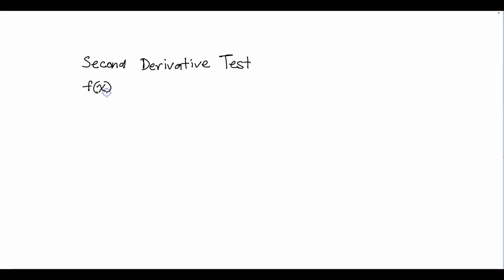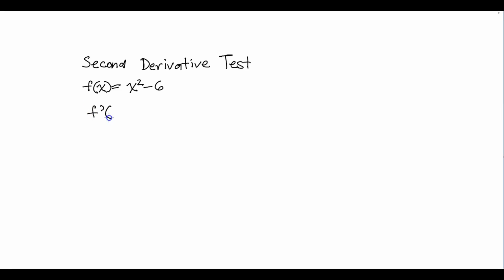Okay. So let's say we have a function f of x, and let's make that function x squared minus 6. You might know exactly where the minimum point is, but we're going to do it anyway.